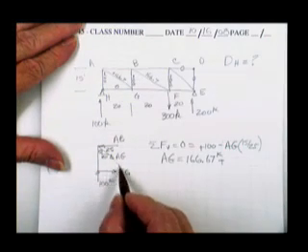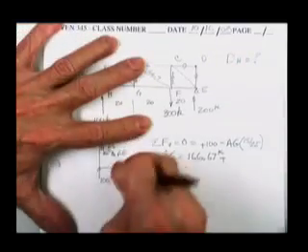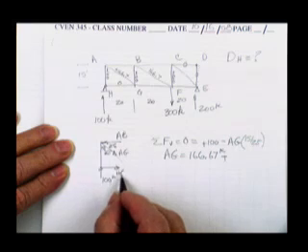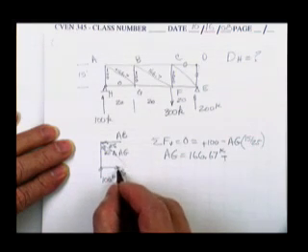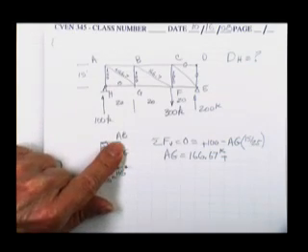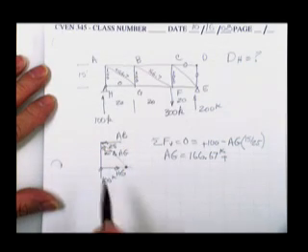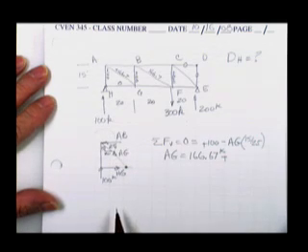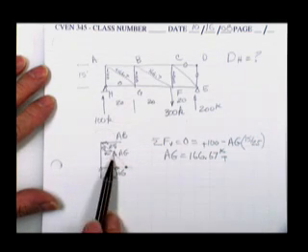I can sum moments, let me move HG's name out of the way here. I can sum moments about point G to solve for AB, or I can cut out joint A and sum forces horizontal, either one.